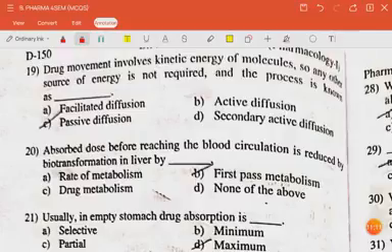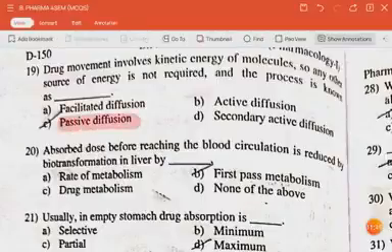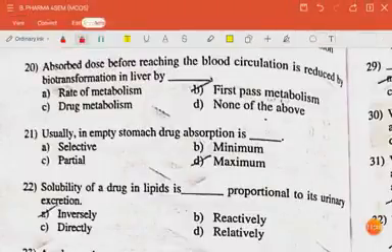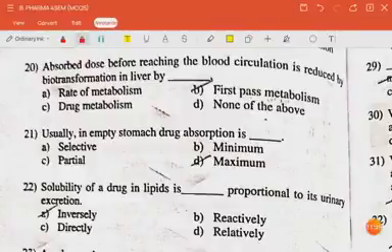Question: drug movement involves kinetic energy of molecules, so any other source of energy is not required and the process is known as passive diffusion. The next question is, absorbed dose before reaching the blood circulation is reduced by transformation in liver by first pass metabolism. The next question is, usually in empty stomach absorption is maximum.